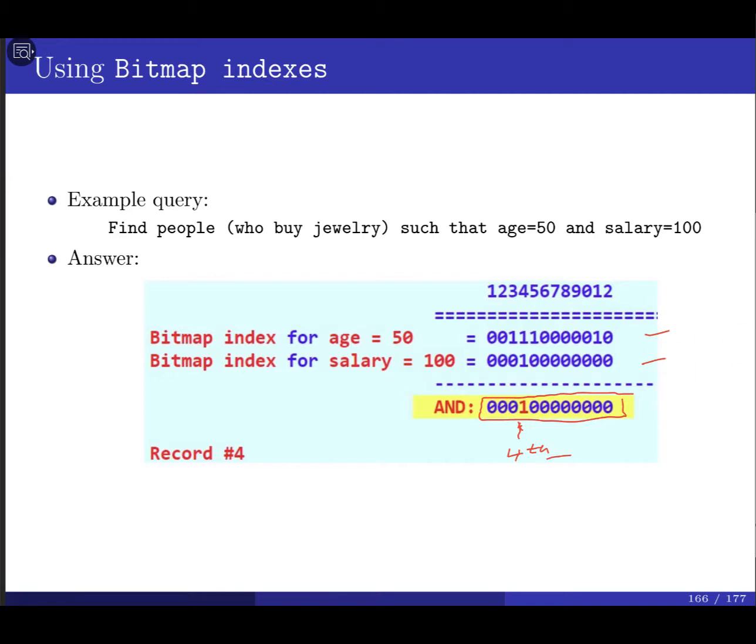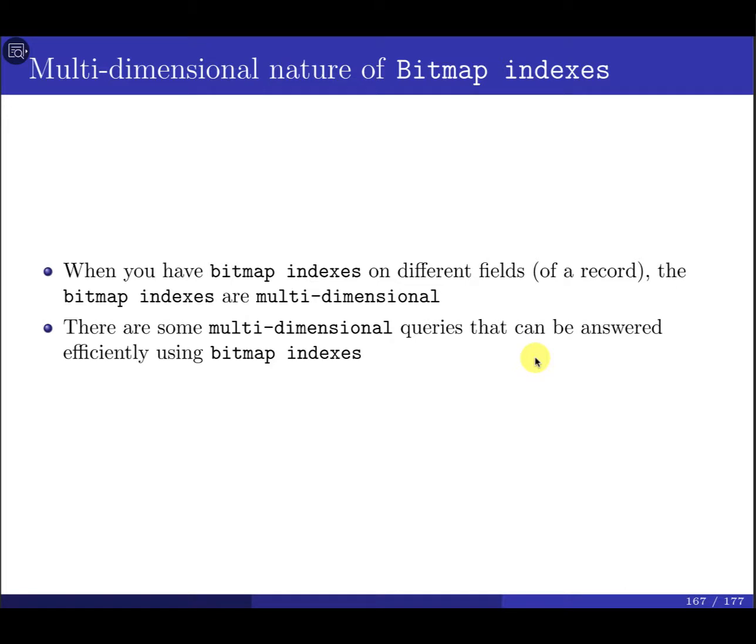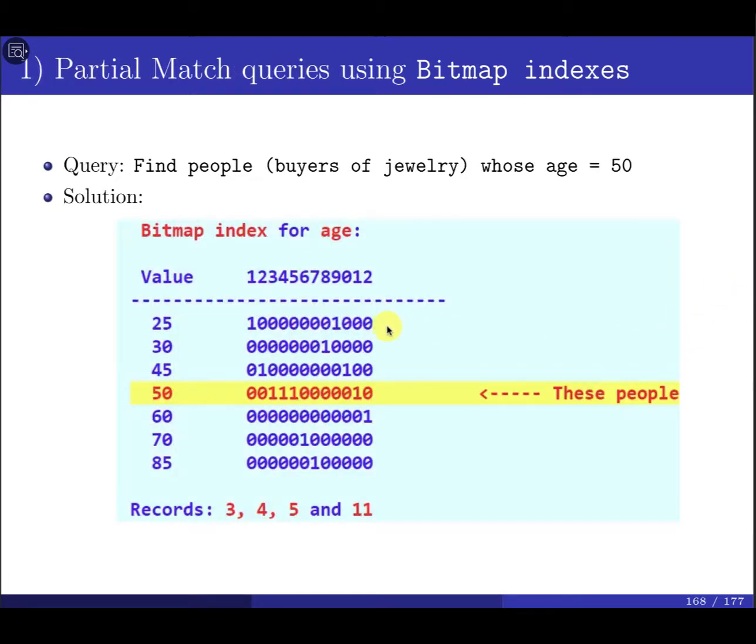What's the relation between the bitmap index and the multidimensional index? Actually, the bitmap index has a multidimensional nature. That means the bitmap index can answer multidimensional queries in a more efficient way. The first one is the partial match query. Remember, you build my index based on two different dimensions, and they give you only one of the dimensions.